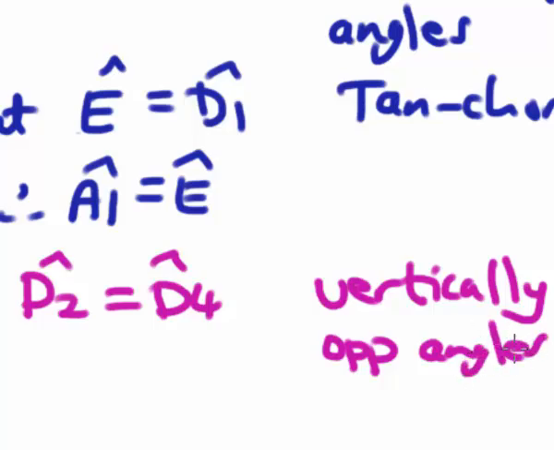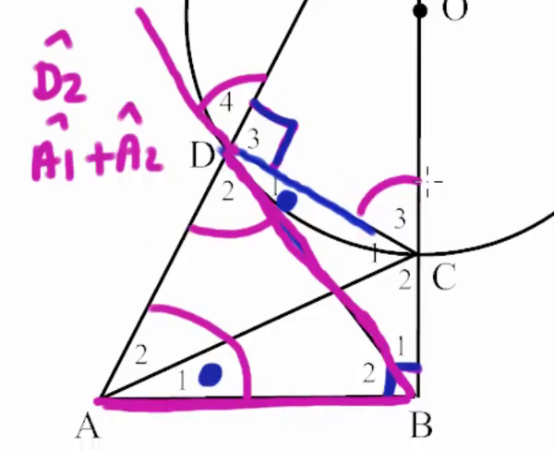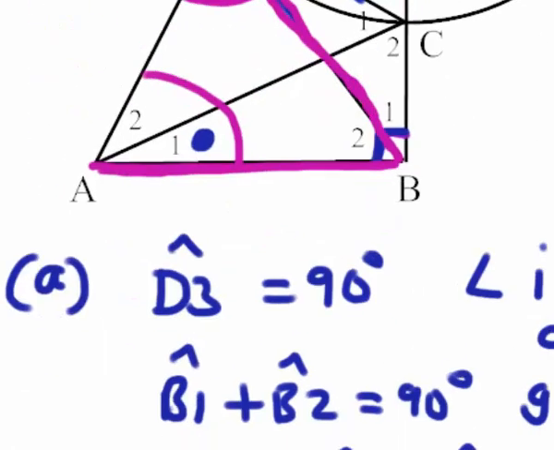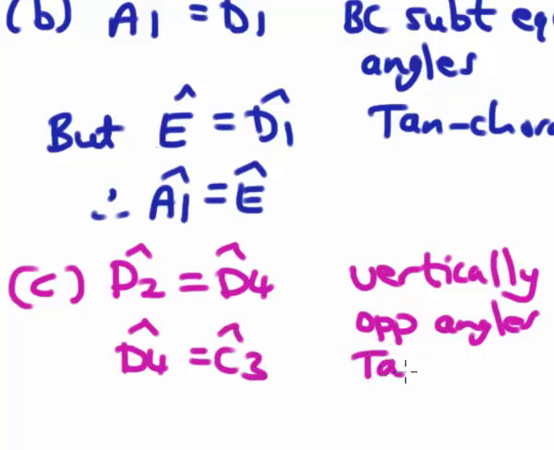Let's just check it out again. You've got D2 is equal to D4, correct. D4 is C3. Why is that? Tan chord. So D4 would then be equal to C3, and that would be the tan chord theorem. Great. Then what about C3?